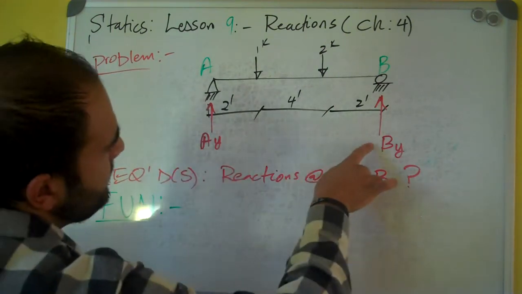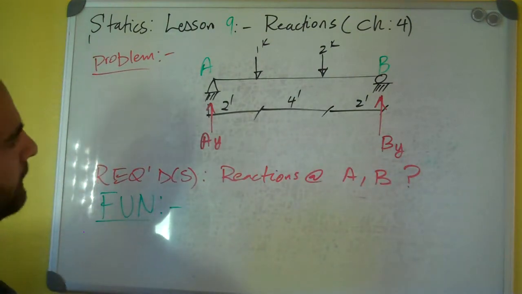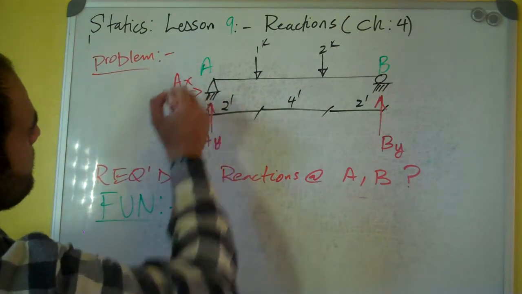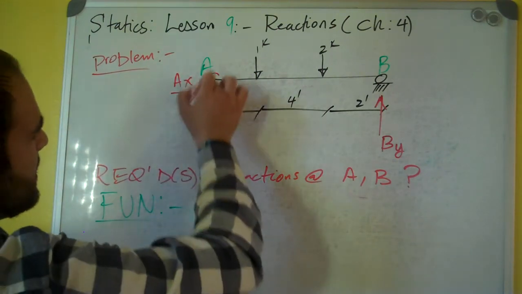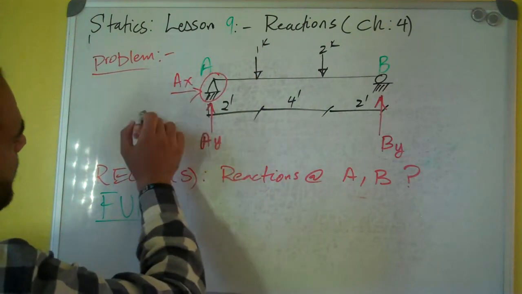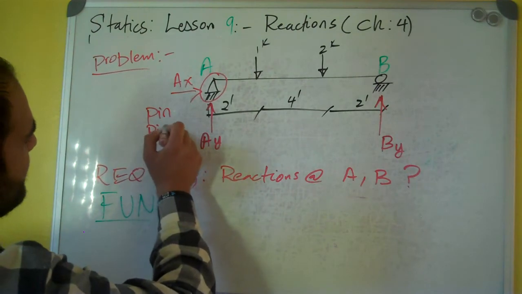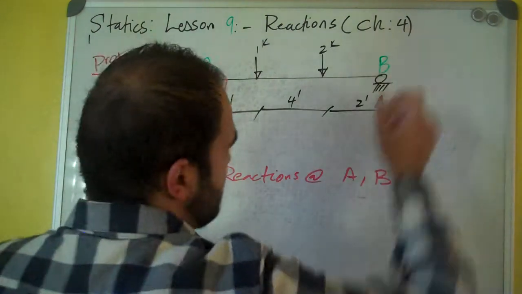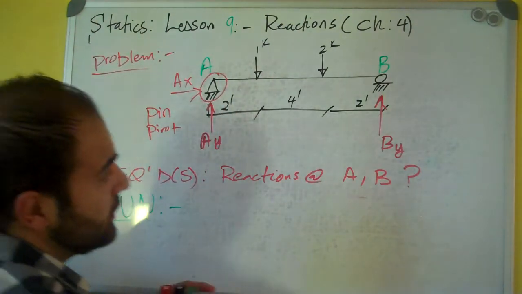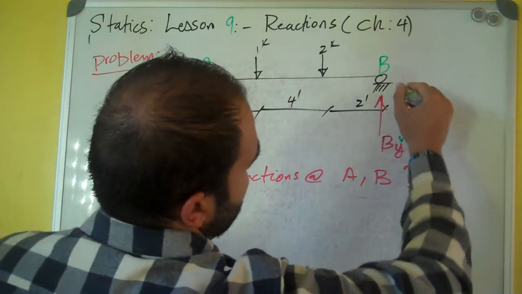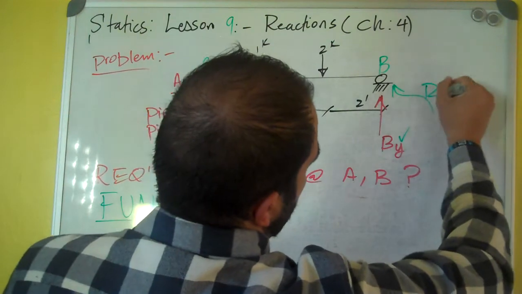I drew AY, BY, but in reality it should be AY, AX. Why? This is what? Pin or pivot. This is, let's stick with the green here, BY, that's right, because it's a roller.